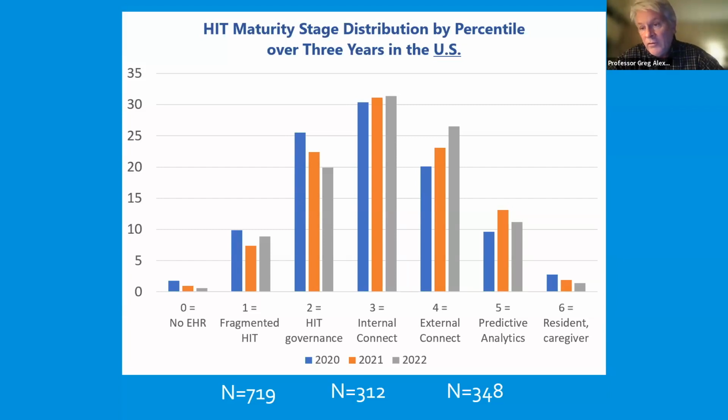They still don't have good interoperability up to a stage 3, and only about 40% of those facilities of our total sample have the ability to exchange data and have good interoperability and utilize different capabilities for the purposes of better quality of care. So we still have a long ways to go, much like you do. You see our percentages. There are a number of facilities there on the left that meet each stage.